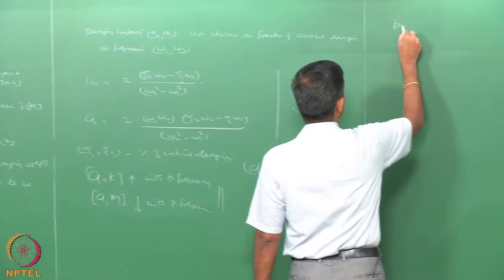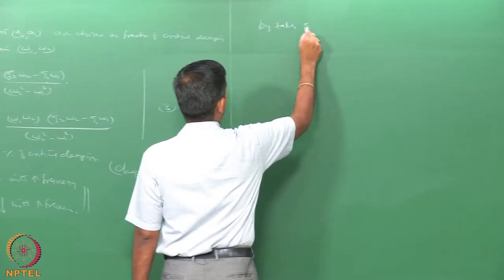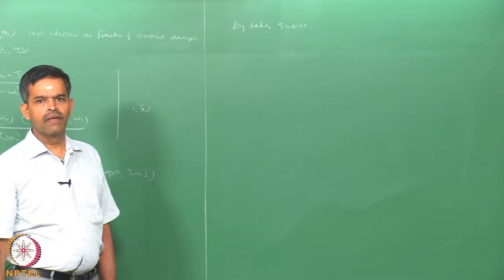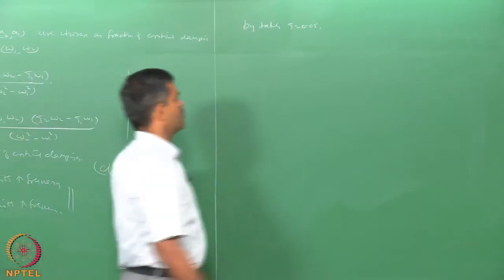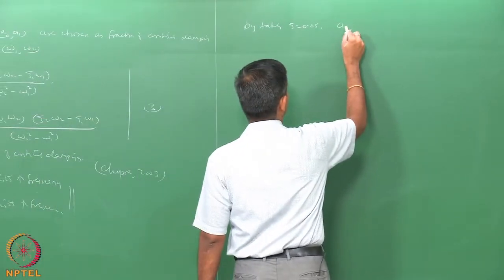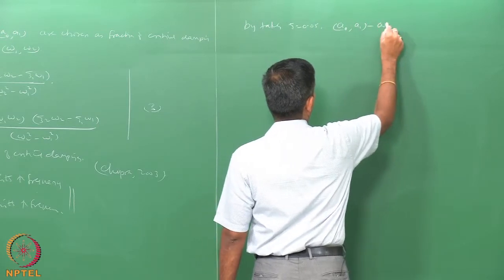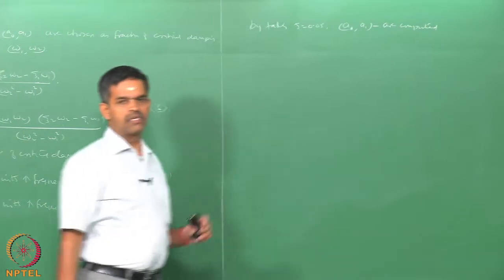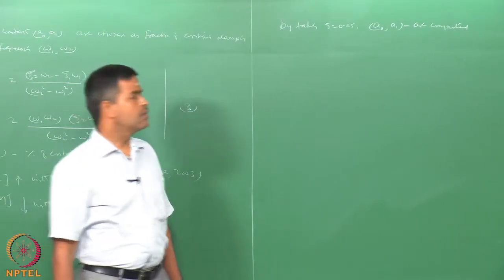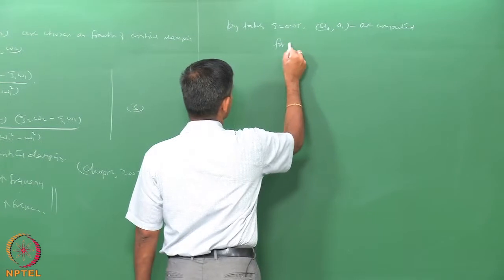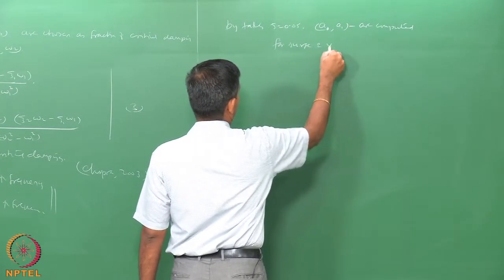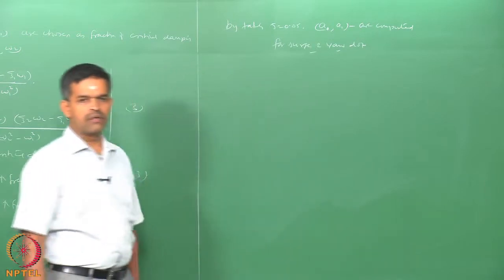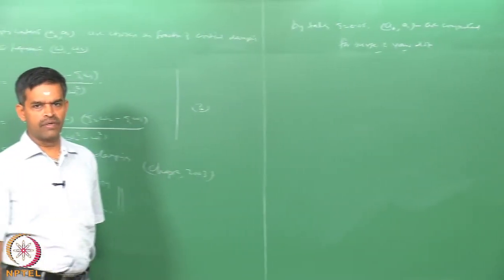So, by taking damping as critical of 0.05, that is 5% of critical damping, the coefficients A0 and A1 are computed by solving these two simultaneous equations, okay, for surge and yaw degrees of freedom. That is omega 1 is related to surge and omega 2 is related to yaw degree of freedom.